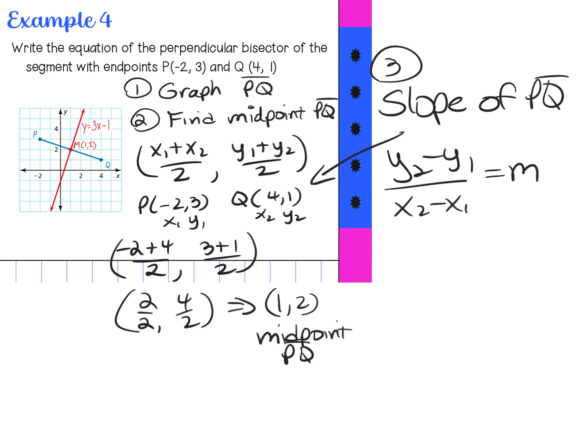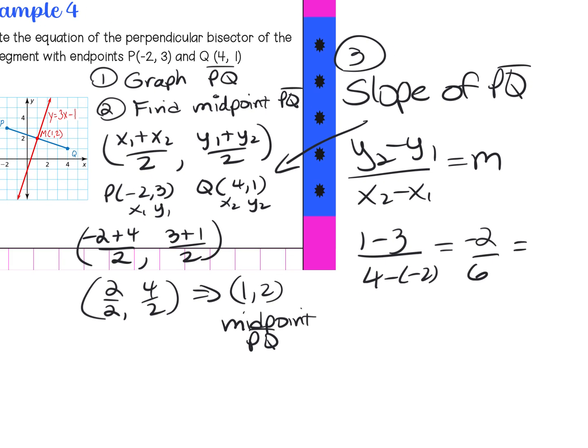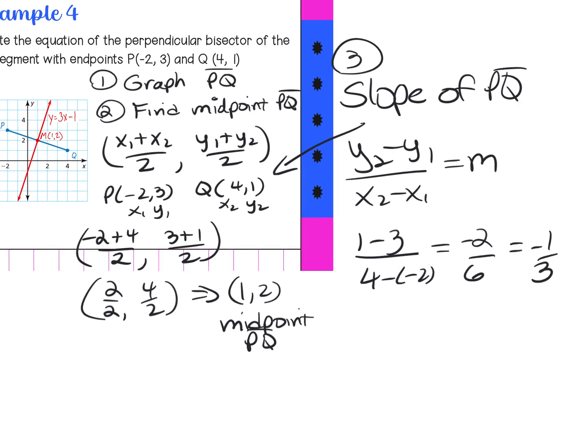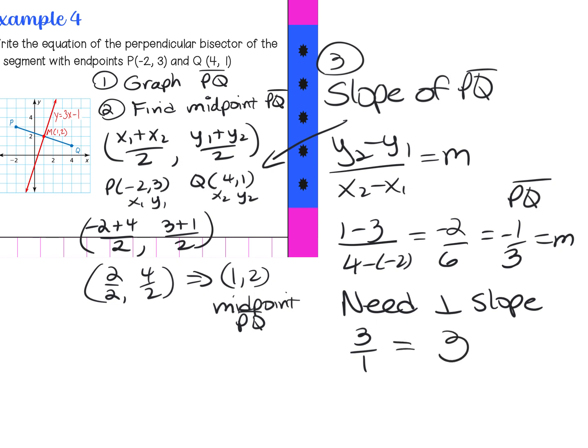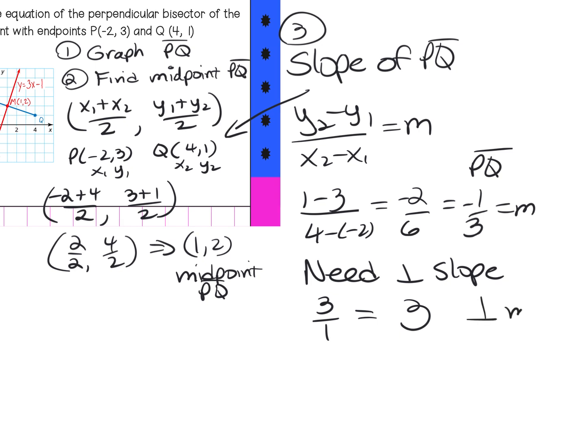So I'm going to subtract my y's. 1 minus 3, 4 minus negative 2, negative 2 over 6 simplifies to negative 1/3. Now remember, this is the slope of PQ. I need the perpendicular slope, so I flip it upside down and make it opposite sign. So now my perpendicular slope is 3.